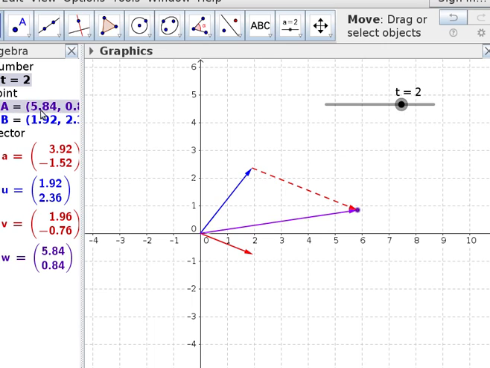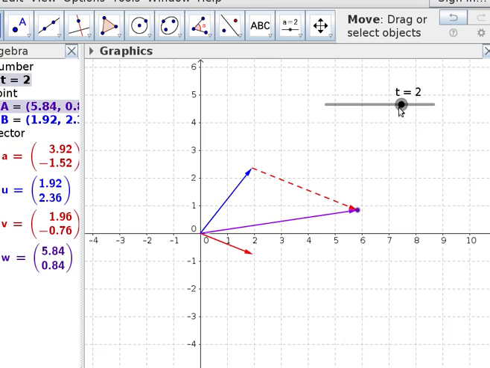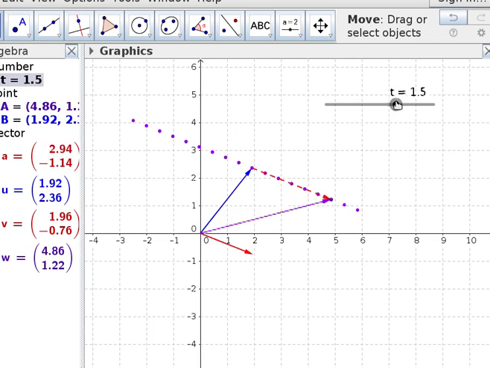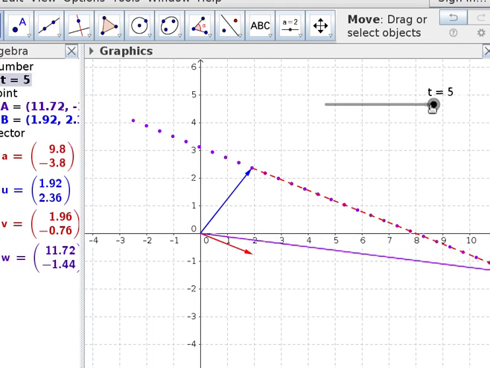And in doing so, I'm going to turn on the trace for that point. And you can see that depending on the scale factor that I choose, it's actually going to describe a whole set of points. And those points, as you can see clearly from here, describe a straight line.